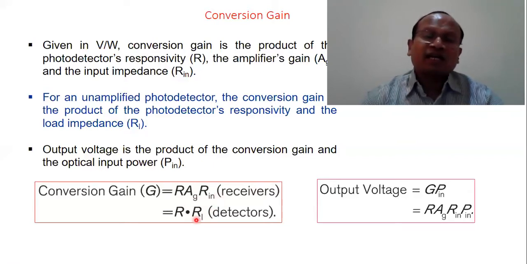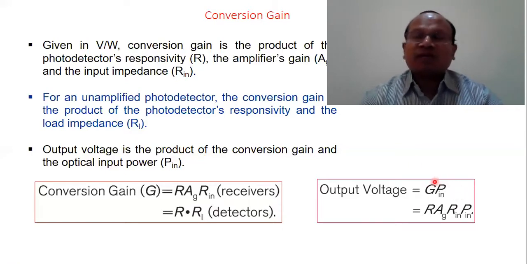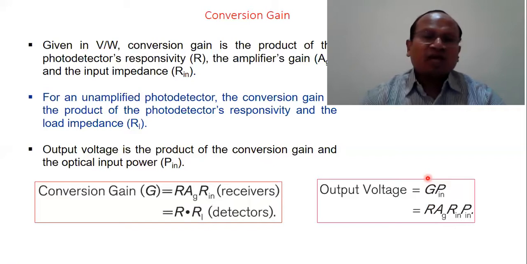When we are calculating it for a detector, no amplification is needed. The output voltage is the product of the conversion gain and the optical input power. We can calculate the output voltage, and when we substitute the value of G here, we can write the expression of the output voltage like this.